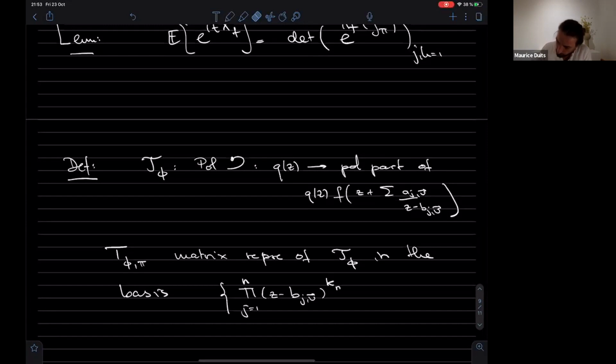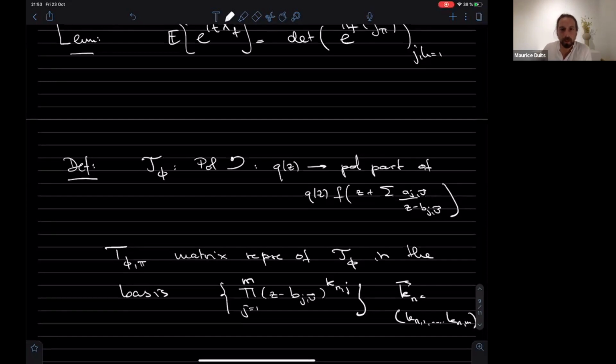So my kn is a vector kn1 to knm, and this is from j to m.